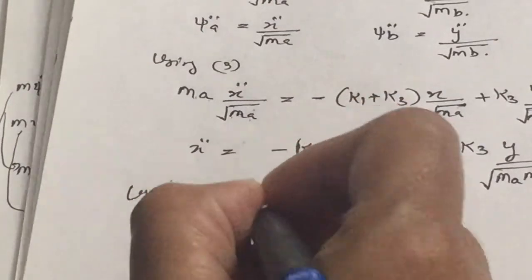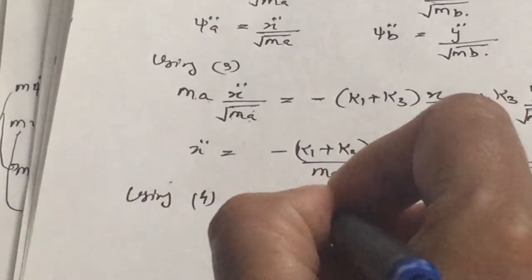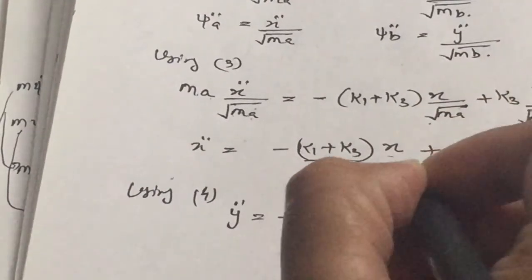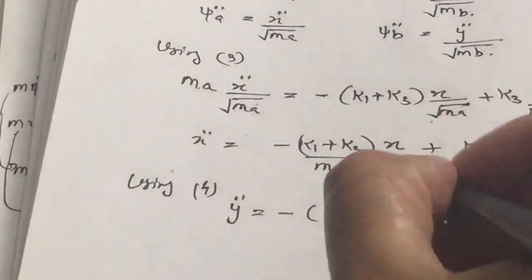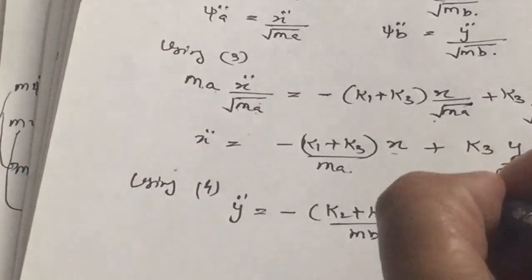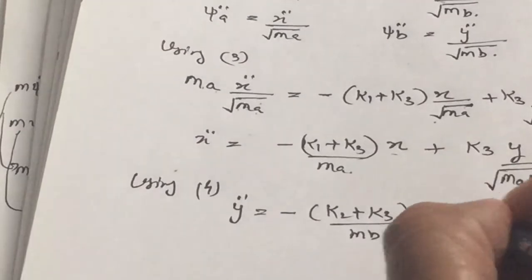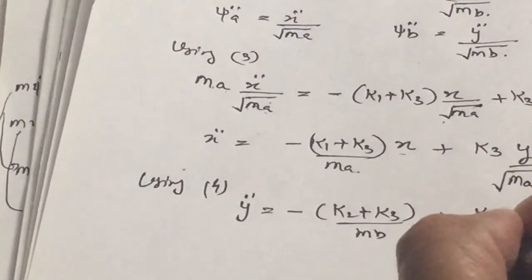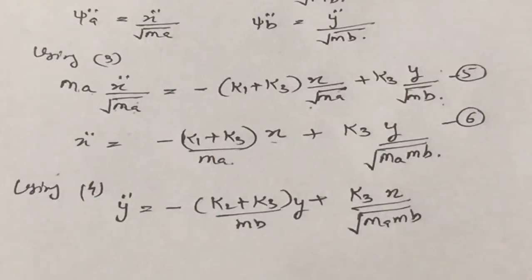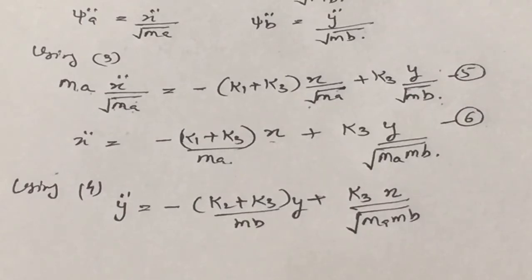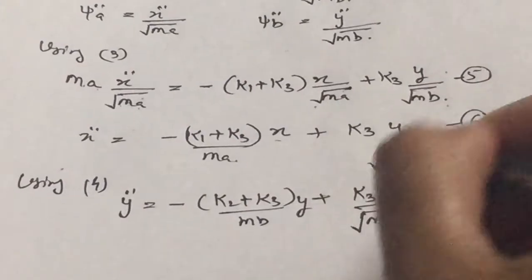We will have y double dot is equal to minus, and this is with k2 plus k3 divided by mb, and with positive sign again we will get k3, here we will have x divided by under root ma mb, and here we will get y. These are the terms which we will get from equation 3 and 4. So we have equation number 6 and equation number 7.